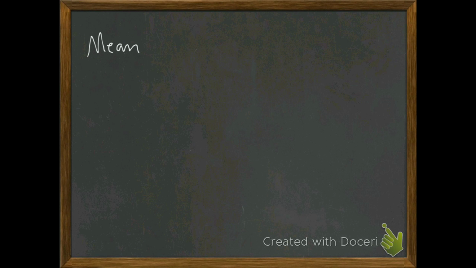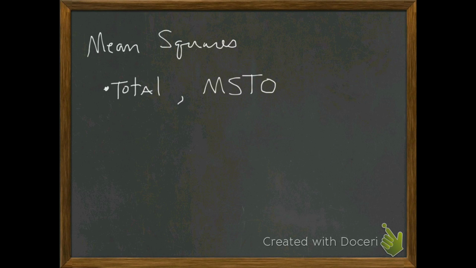So what I want to look at now is something called the mean squares. Obviously I want to look at the mean squares for the total, which will be MSTO. I want to look at the mean squares for the regression, which is MSR. And I want to look at the mean square for the error term.